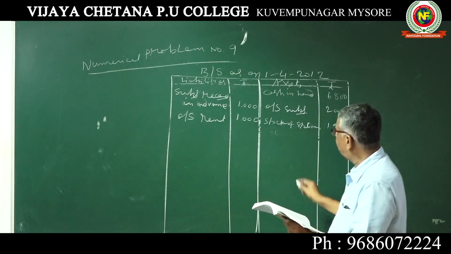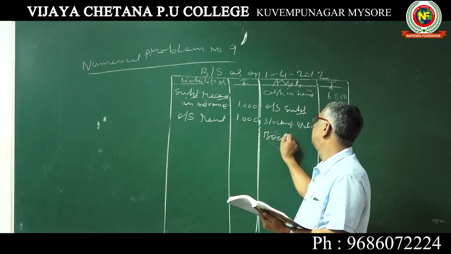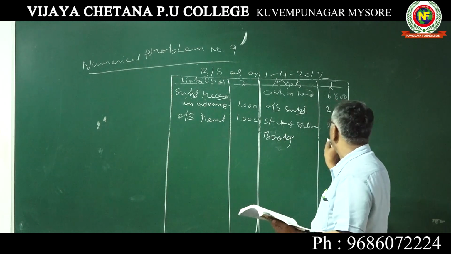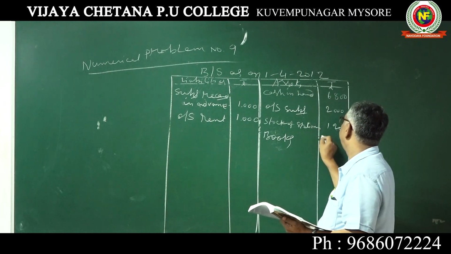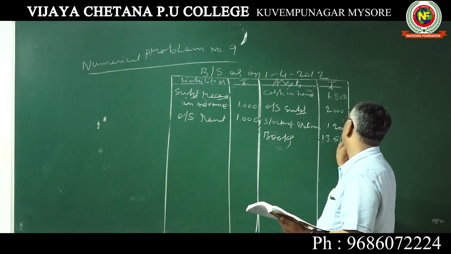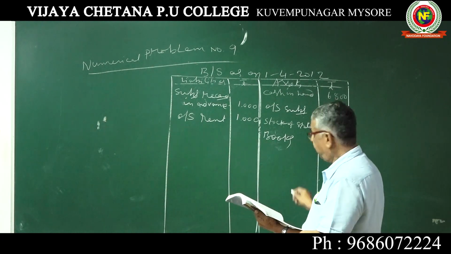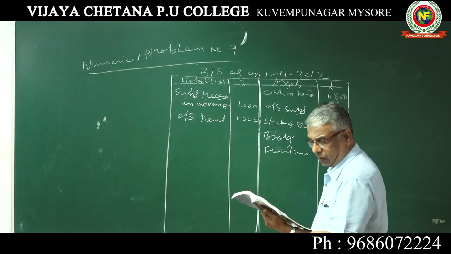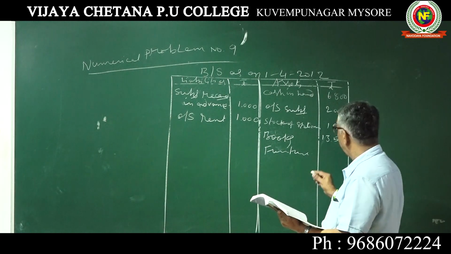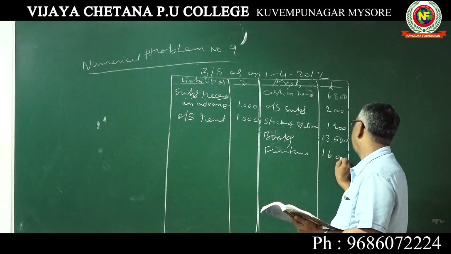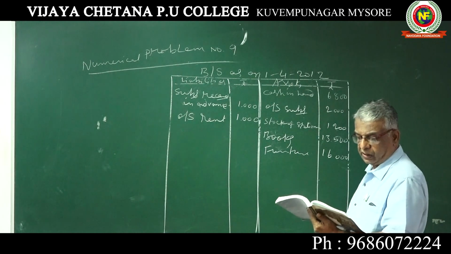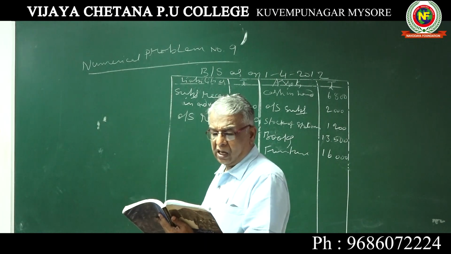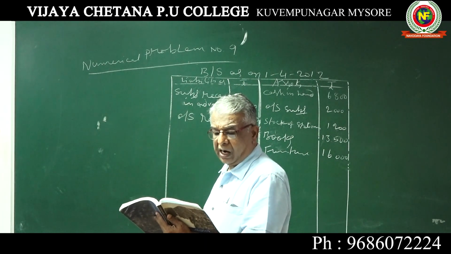And likewise books, an asset, 13,500. Furniture, here he has given 16,000. I hope that all of you have taken the opening balances.